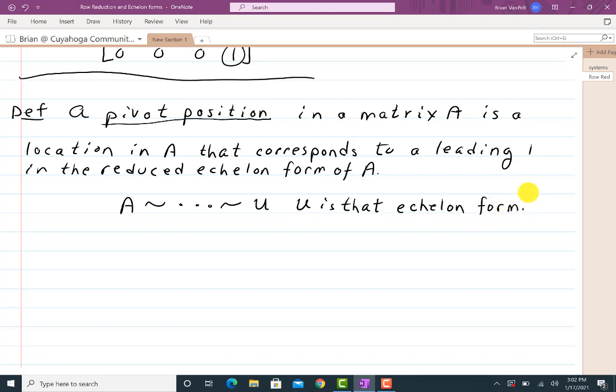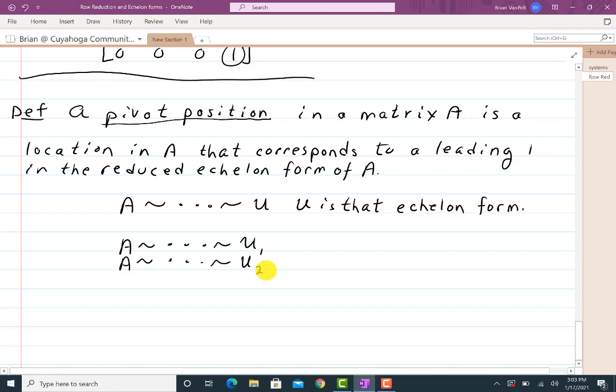Suppose now I give you a matrix, and you use row operations to arrive at an echelon form. Let's call it U1. Another guy does the same thing, but he doesn't do the same row operations. Let's say he ends with the possibility of a different echelon form. Is that possible? And the answer is no.